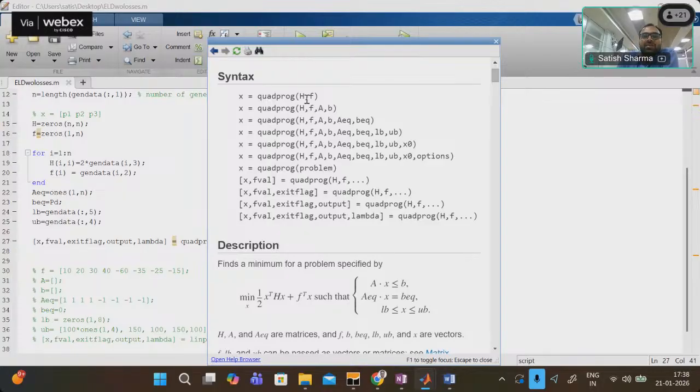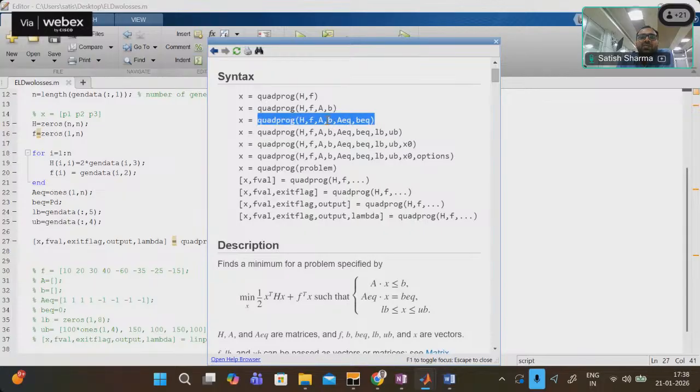At least you have to supply H and f. Then if you need A and b, you have to supply H, f, A and b. If you don't have A and b but Aeq and beq, then you have to go up to this particular part. If you don't have any bounds, like variables are free, from minus infinity to plus infinity, you don't have to put lower and upper bounds, but you have to write it up to this.